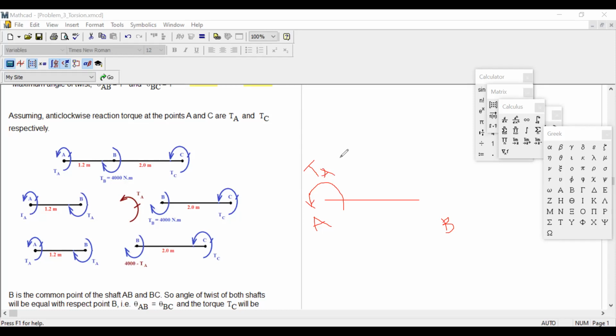So how much will be torque at B? If this is 100 right over here, it has to be 100 to make it balance, right? So this is working anti-clockwise, so this will be clockwise right over here, by the same amount. If this one is 60, then this will be 60.